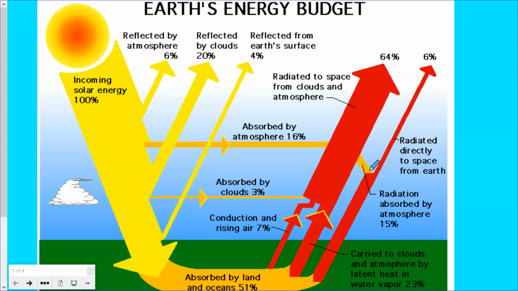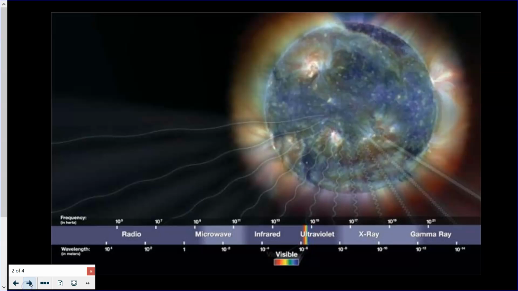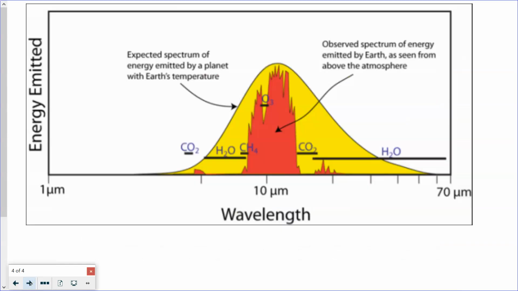Some of what gets re-radiated still goes off back into space, but some of it actually gets retained by the atmosphere and keeps bouncing around and continues to warm up our atmosphere. So the amounts of energy are different because, answering number 3 here, outgoing infrared radiation can be absorbed by the atmosphere as it's leaving.